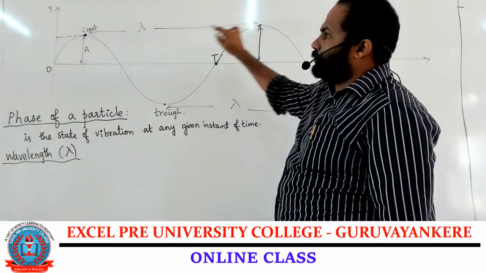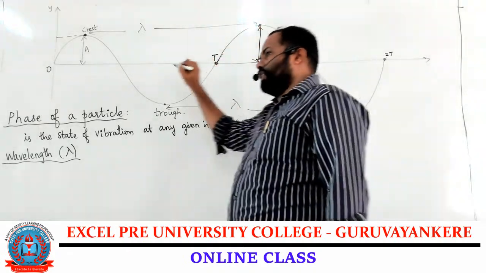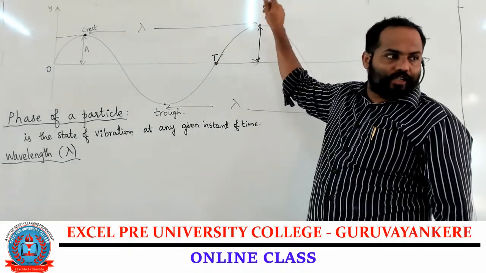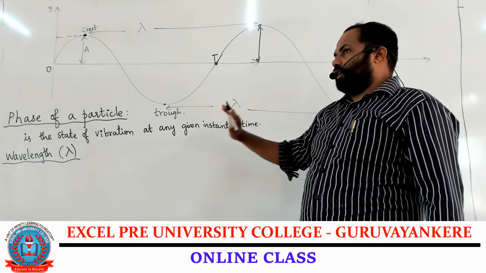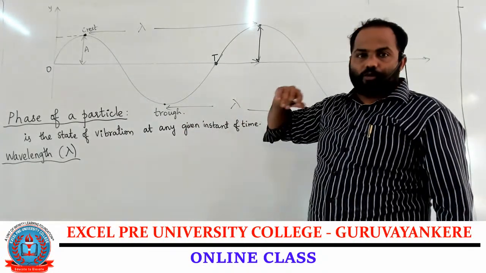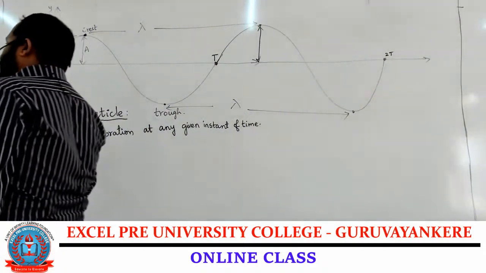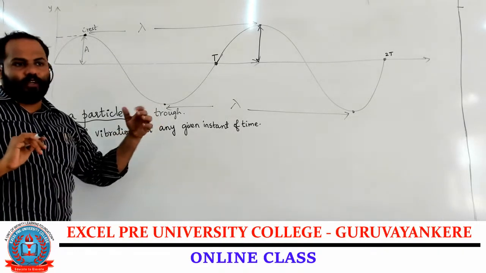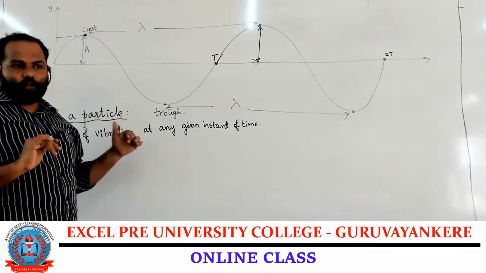So the distance between two consecutive points which have the same state of vibration, or which are vibrating in the same phase, is called wavelength. In high school you might have learned that the distance between two consecutive troughs or two consecutive crests is called wavelength.